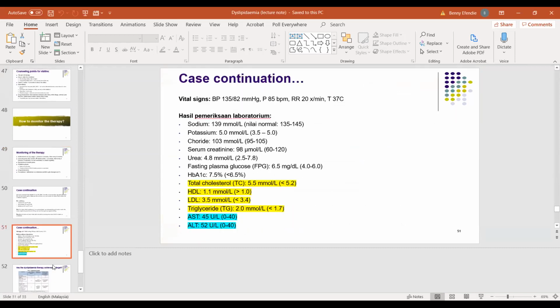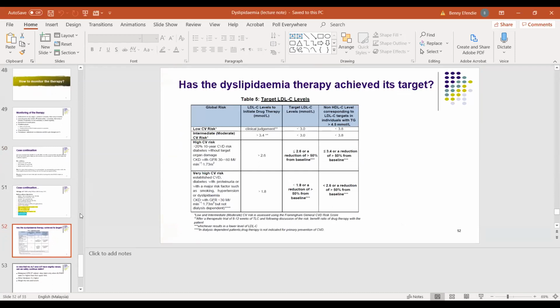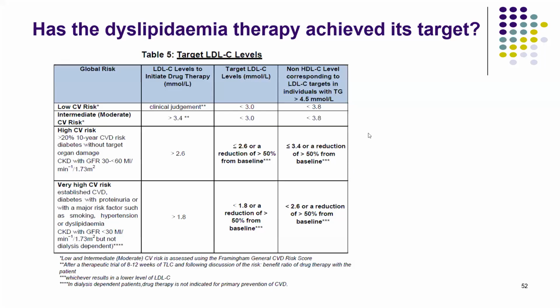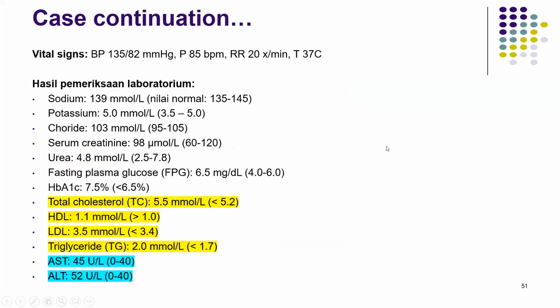So if 50% mean around 2, right? So 2.6 like that, achieve below 2.6, we are quite happy. But for this patient, not yet, right? This patient is still 3.5, so still above, so not achieving yet.